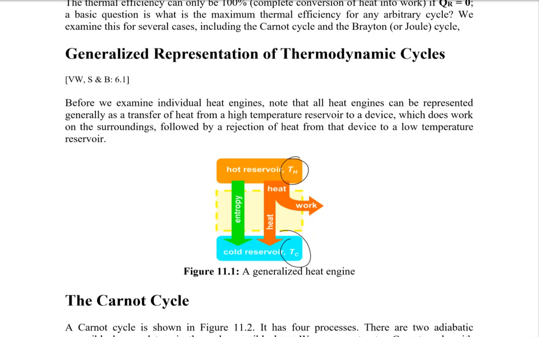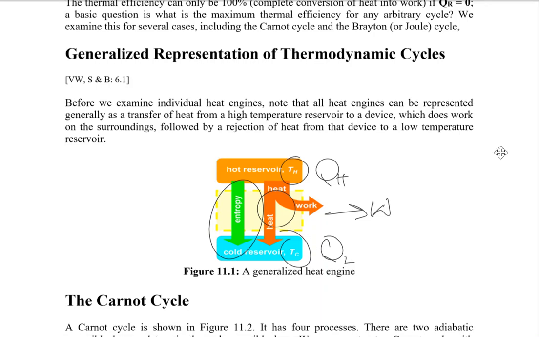We would be extracting heat QH from the high temperature reservoir, doing some work W, and heat would be rejected into the low temperature reservoir. This is the generalized thermodynamic cycle, working between the two temperature reservoirs. And by doing so, the entropy of the system would be increasing.